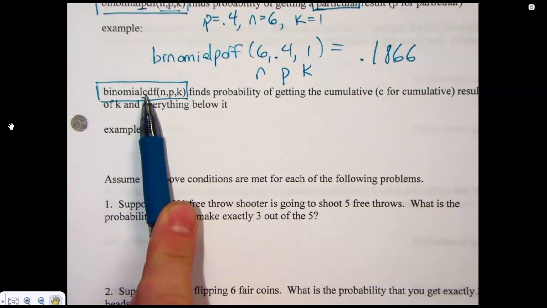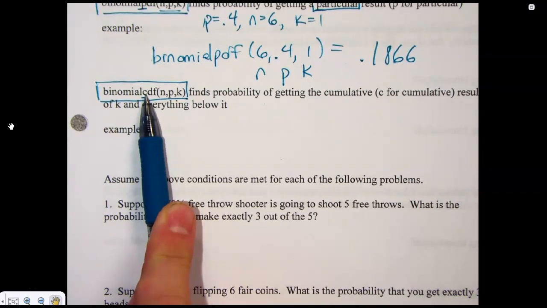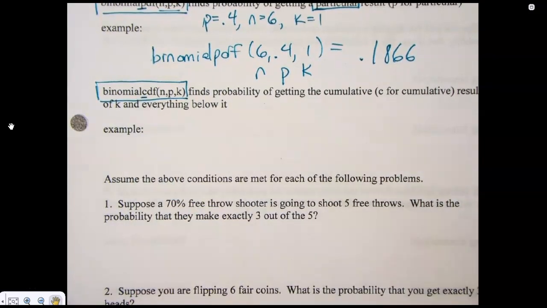CDF is like a shortcut that you can use, but you never really have to. So here's what CDF does.